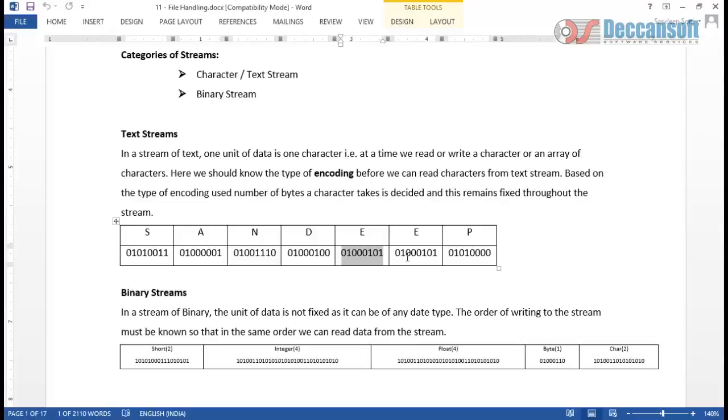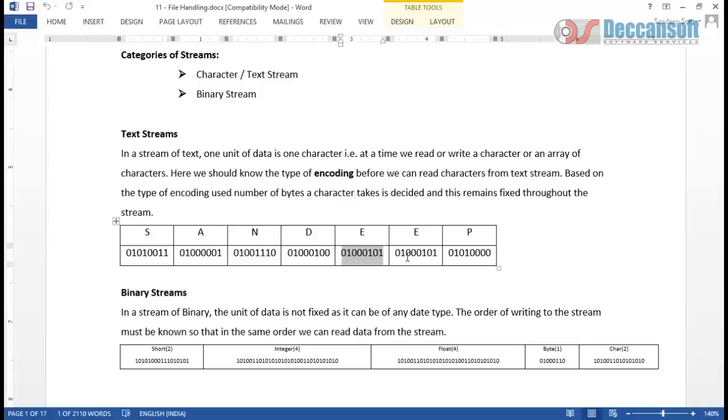Binary. So can we say that a text stream is a binary stream in which 1 unit of data is 1 character? When I say 1 unit, it is 1 byte per character, assuming that the data is stored in ASCII format. In ASCII format, 1 byte is 1 character.